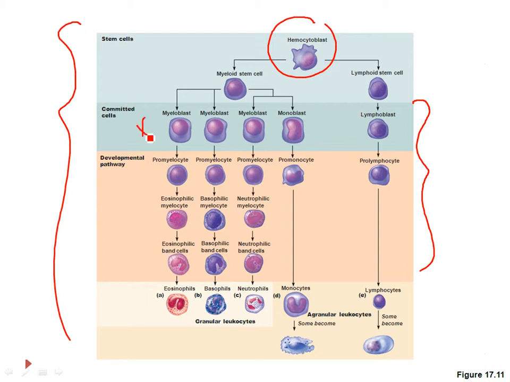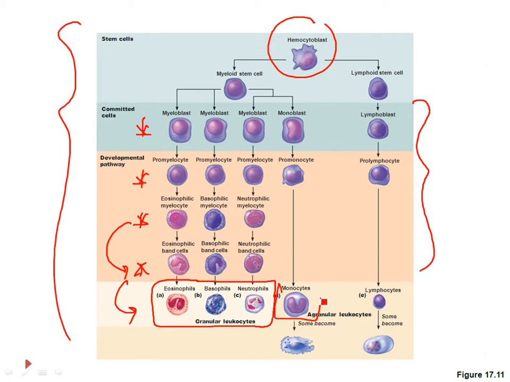They go through different stages over time. They keep dividing more and more, and the later descendants keep changing. Ultimately, for the white blood cells you're producing, they're either going to become eosinophils, basophils, neutrophils, monocytes, or lymphocytes. And your bone marrow produces these in different amounts depending upon your needs.